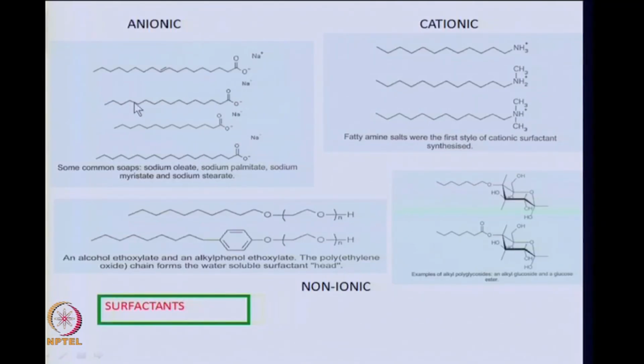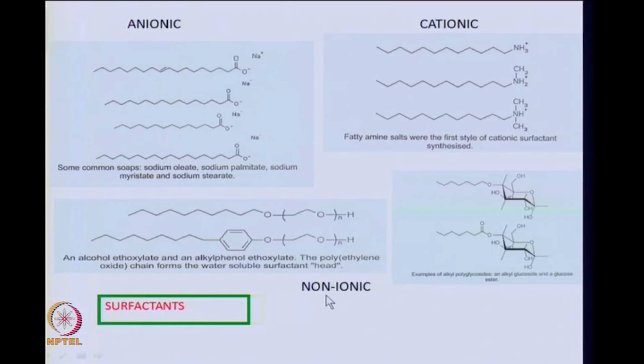So, this is an example of anionic surfactants, and you can see these are the negative charge on the head group, and this is the hydrocarbon chain. You can have cationic surfactants, where you have this positive charge on the nitrogen and you have a hydrophobic tail. So, this is the hydrophilic or polar head group, and this is the hydrophobic chain.